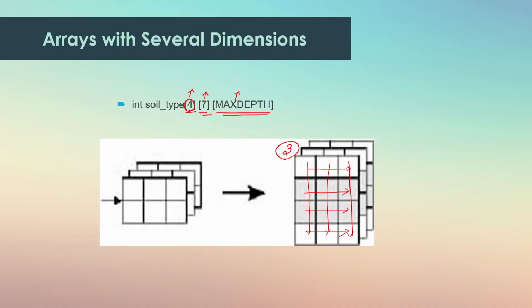If I want to define an array for this structure representation, I can define it as int array of how many layers. The layer number I represent as 3, the number of rows is going to be 4, and the number of columns in each row is 3. This is how I can define a 3-dimensional array.